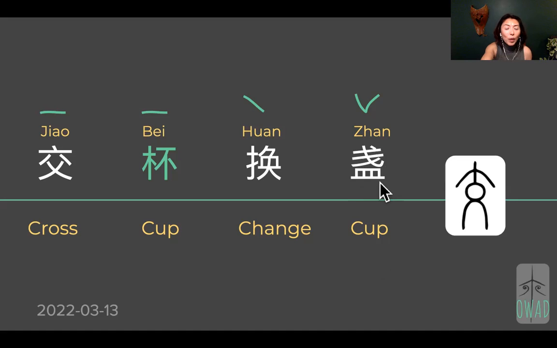But 盏, we have a top portion and a bottom. The bottom is a meaning maker. That structure is a kind of low, short container. And the top is the sound maker. It's often used in combination and doesn't stand on its own, paired with different meaning makers to form different characters.